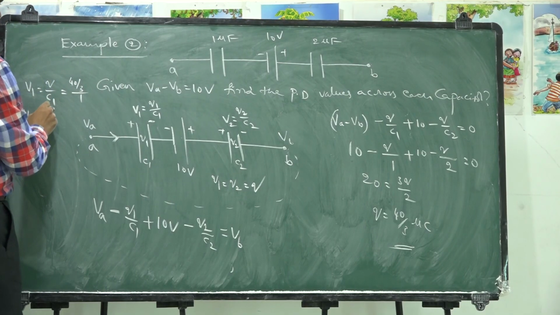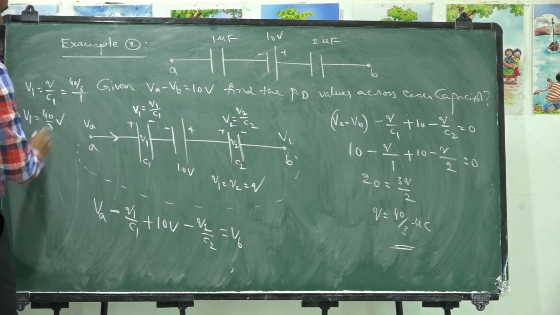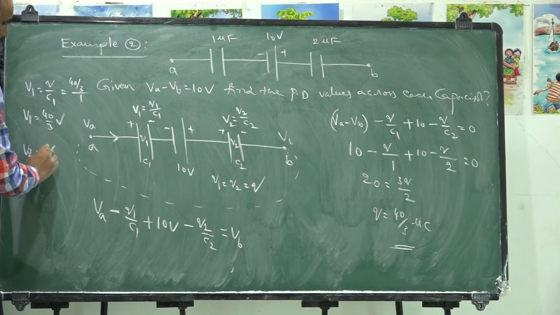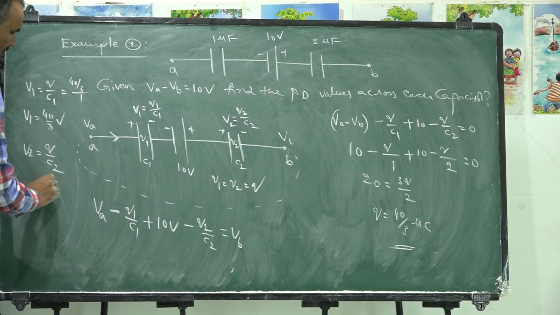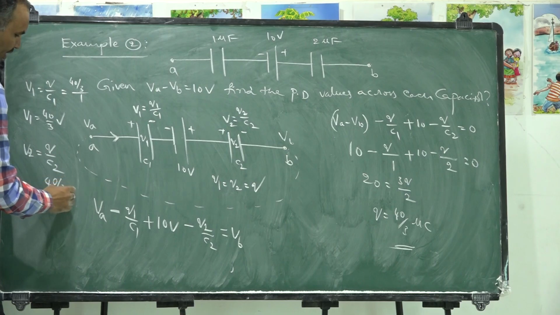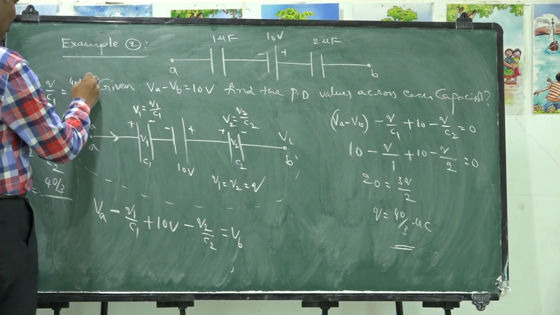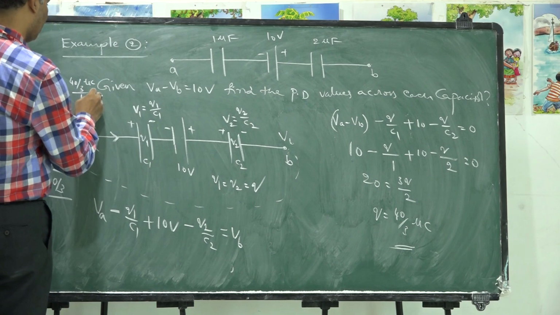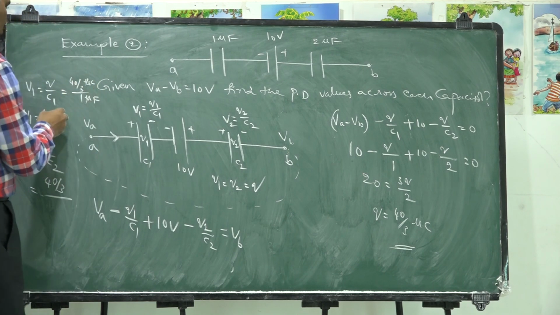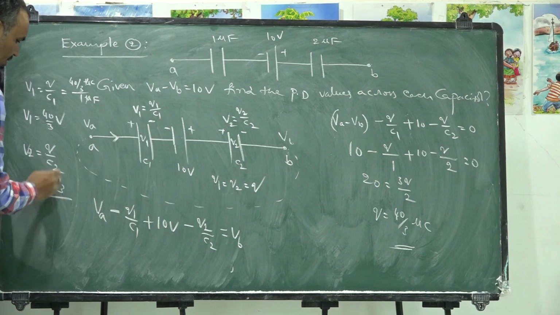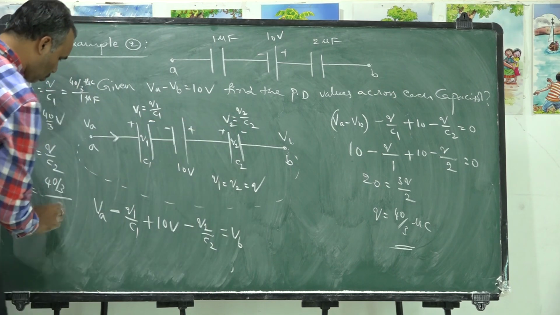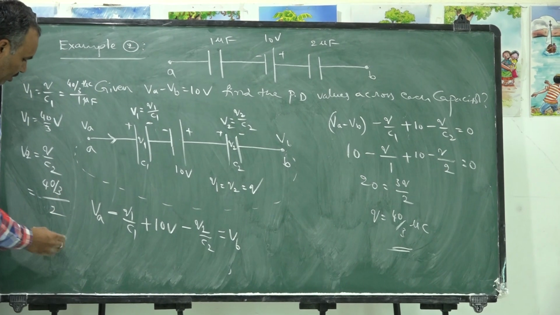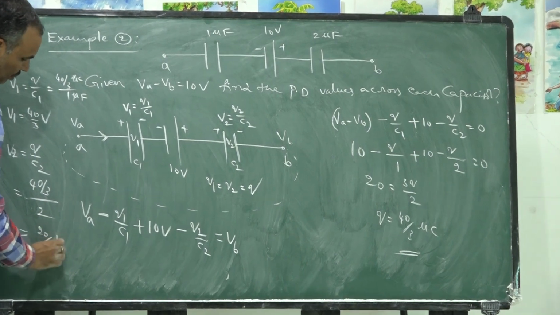So V1 is 40 by 3 volts and V2 is Q by C2, that is nothing but Q value is 40 by 3 microcoulomb, and its capacitance is microfarad. Micro gets cancelled, therefore you are left with volt only. Capacitance of the second capacitor is 2 microfarad, therefore it becomes 20 by 3 volts.